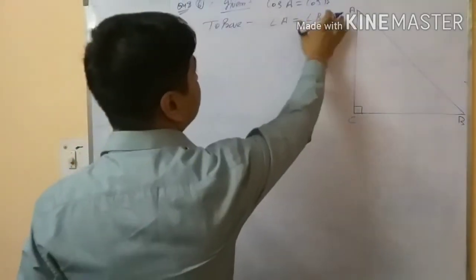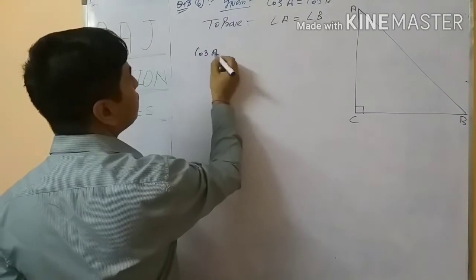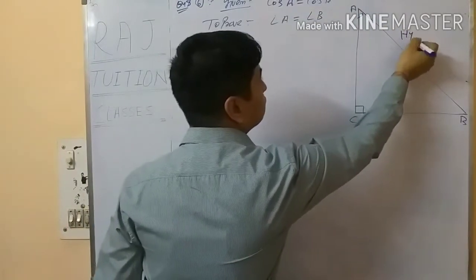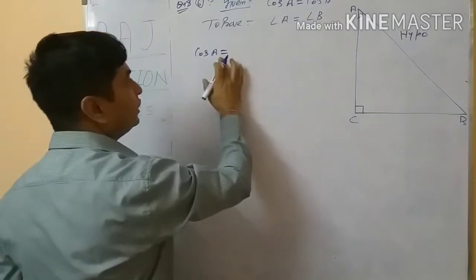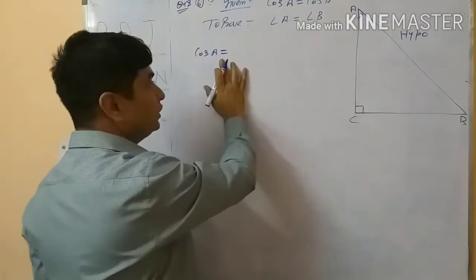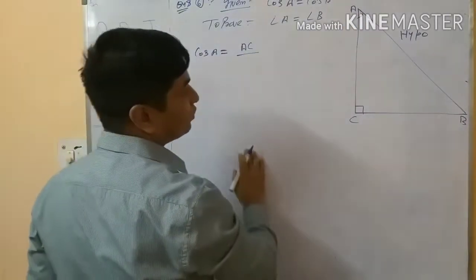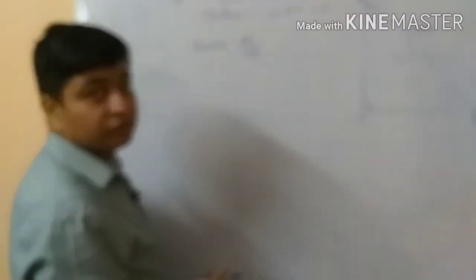Okay, if cos A equals cos B, let's find out cos A. What is cos A? Cos A is side adjacent to angle A over hypotenuse. This one is the hypotenuse. So the side adjacent to angle A will be AC, upon hypotenuse AB.